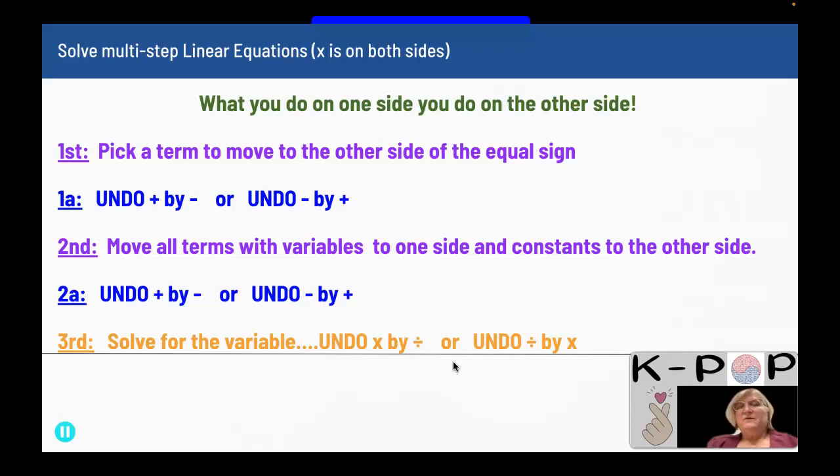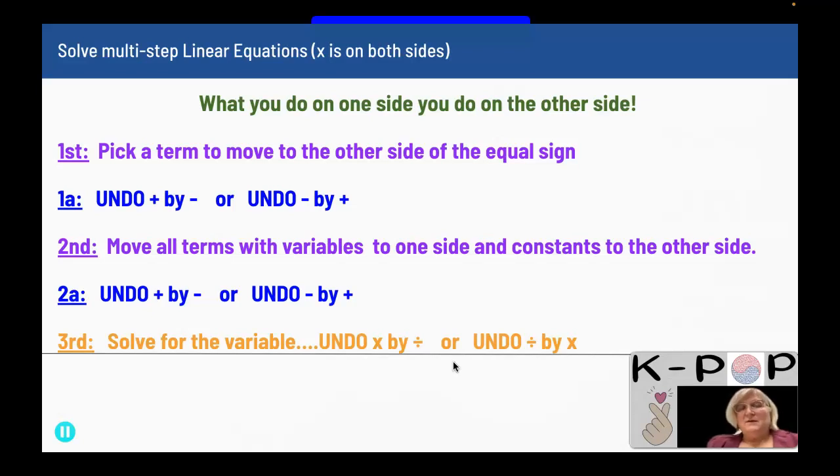In summary, what you do to one side, you do on the other side. You first pick a term to move to the other side of the equal sign. You undo it by addition or subtraction. You move all terms with variables to one side and constants, those are numbers without variables attached to them, to the other side.